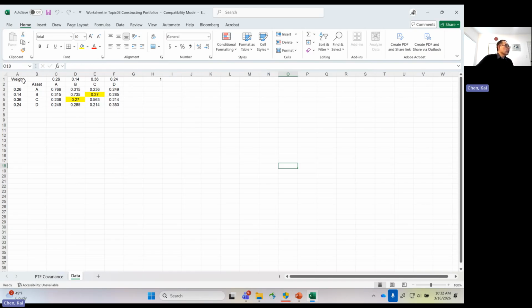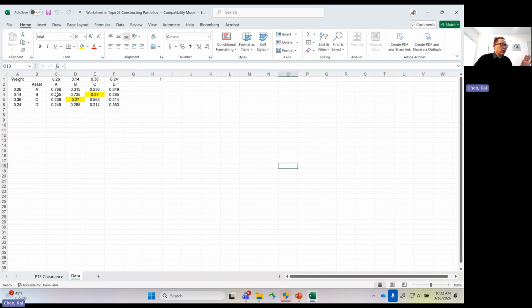In this covariance matrix, we have 4 assets: A, B, C, D. This area is the covariance matrix, and of course, on the diagonal there are the variances of each asset.